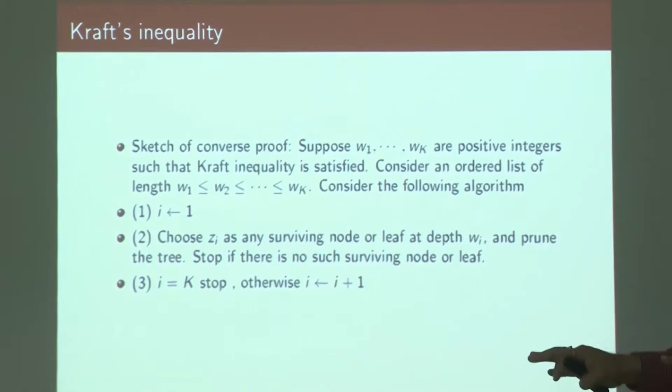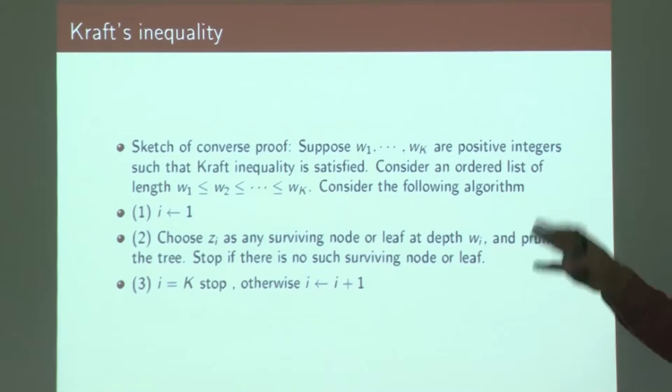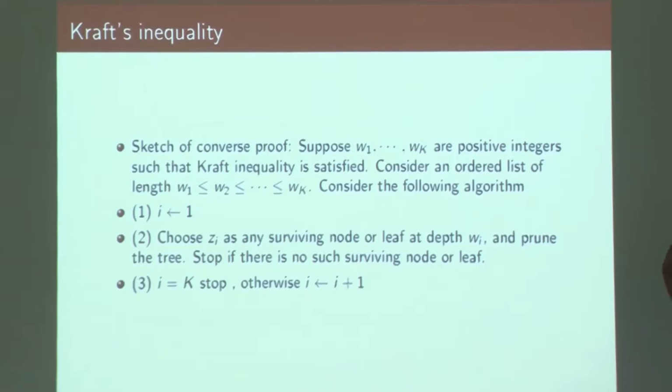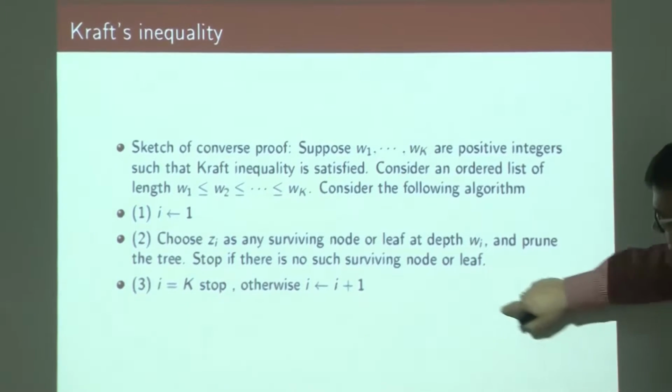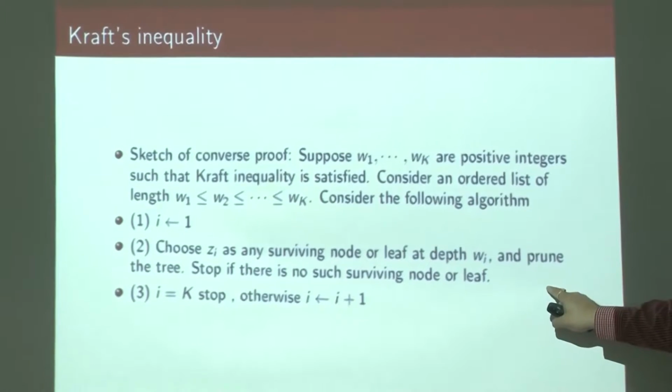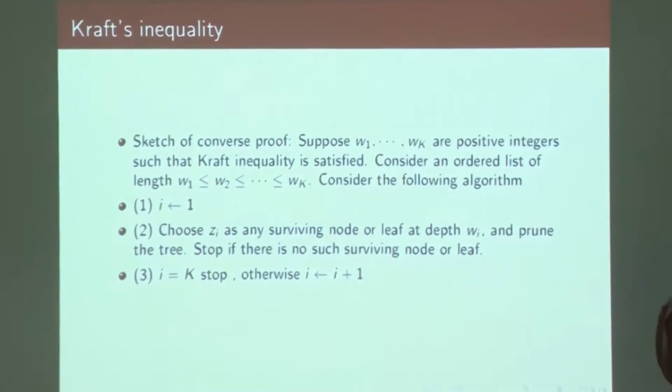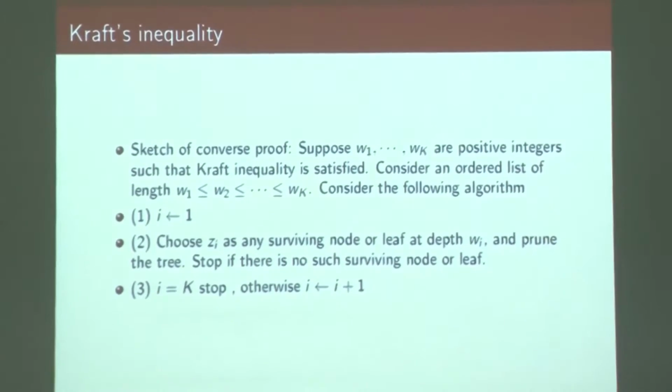And if we are able to map them to a D-ary tree, we know there is a one-to-one correspondence between a D-ary tree and a prefix-free code. So we know that these are all prefix-free codes, right? Now I am going to show you that this algorithm will be successful provided Kraft inequality is satisfied.